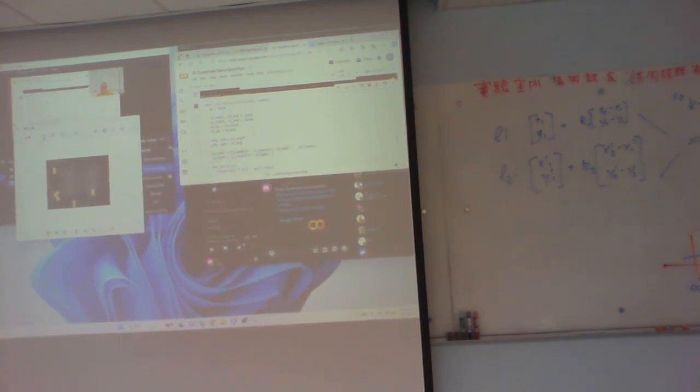Then x diff, L1 diff is equal to, actually that should be L1 end minus L1 start. That's all I need there, and this should be L2 end minus L2 start.